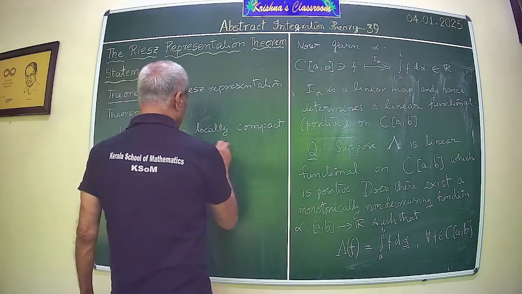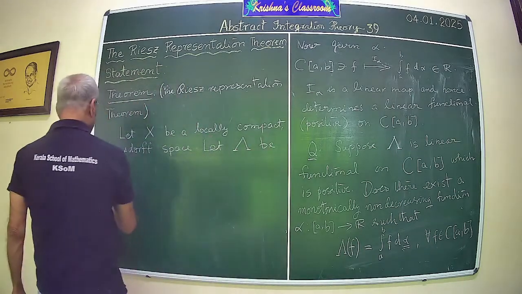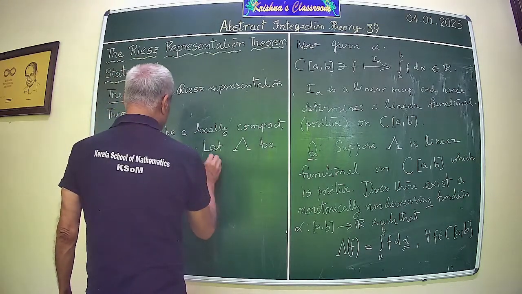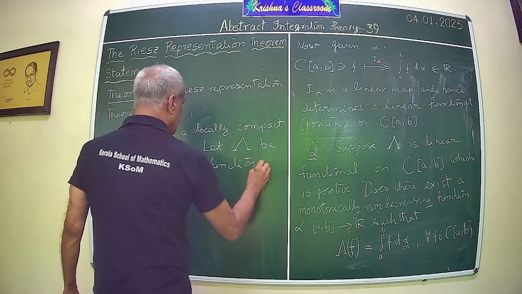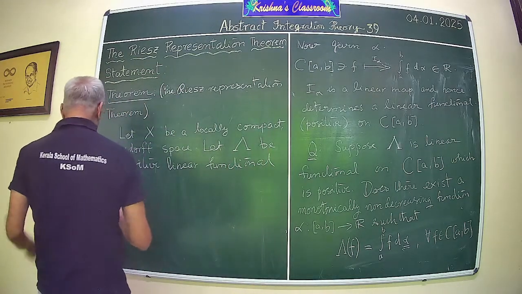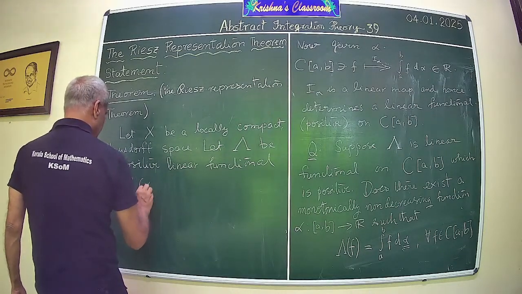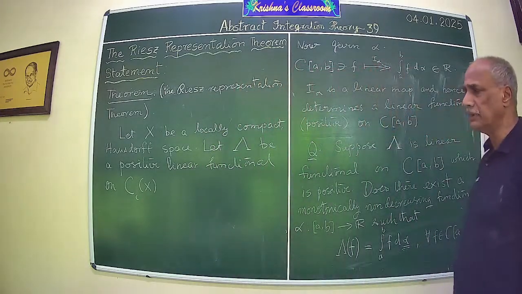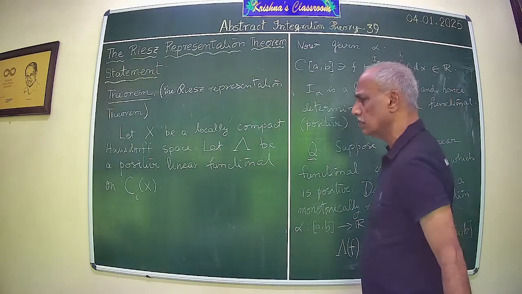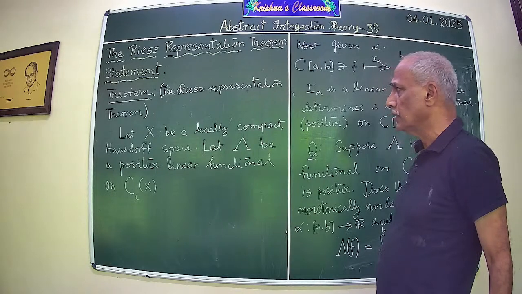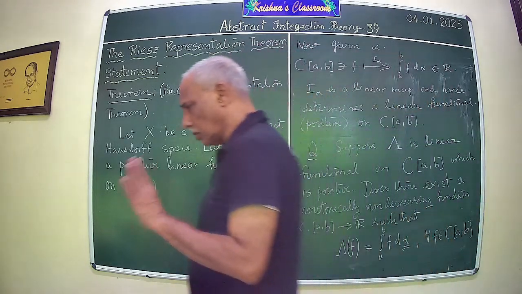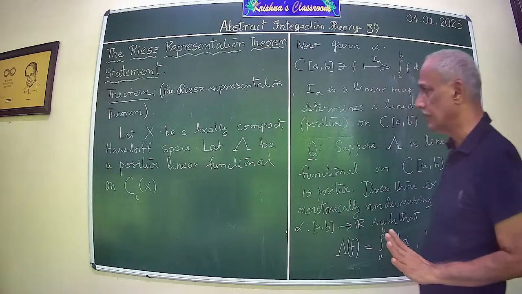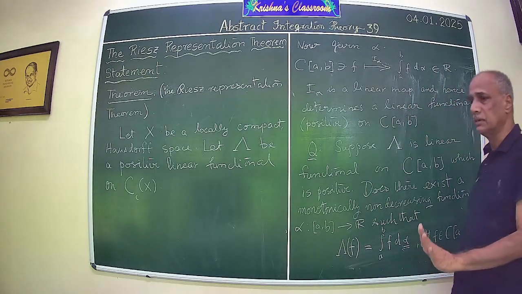Let lambda be a positive linear functional on C_c(X). C_c(X) is the space of all continuous complex valued functions defined on the set X with compact support.